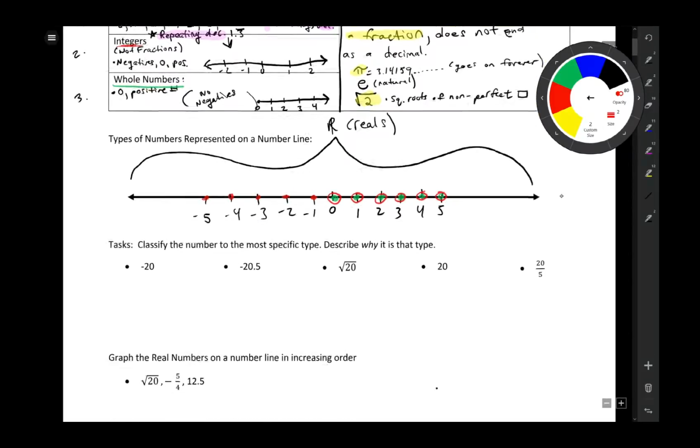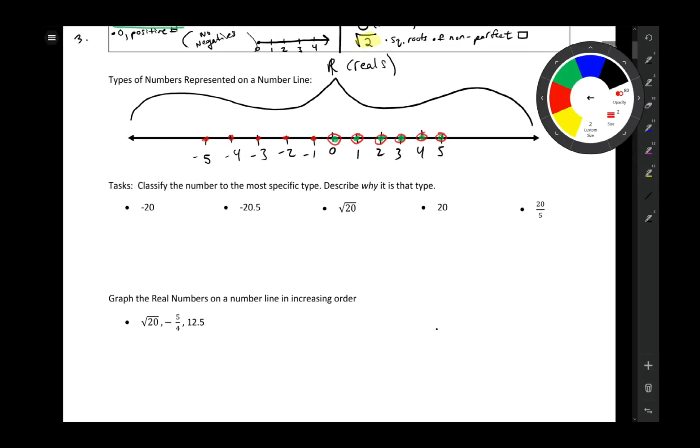So classifying numbers, negative 20. Is it real? Yes, it is real. And we will talk about numbers that aren't real later on. But it's real. More specifically from there, it is rational. It's a fraction because it's really negative 20 over 1, which is a fraction. So it's rational.